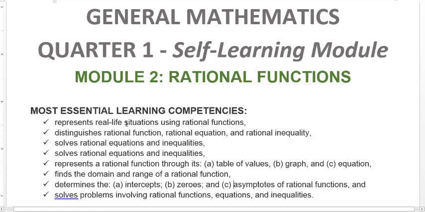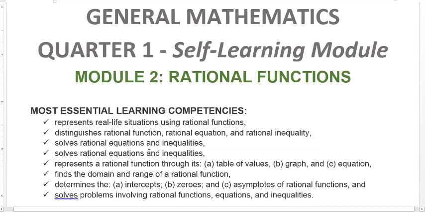First one is represent real-life situations using rational functions, distinguishes rational function, equation, and inequality, solves rational equations and inequalities. Represents a rational function through its table of values, graph, and equation. Finds the domain and range of a rational function, determines the intercepts, zeros, and asymptotes of rational functions, and solves problems involving rational functions, equations, and inequalities.